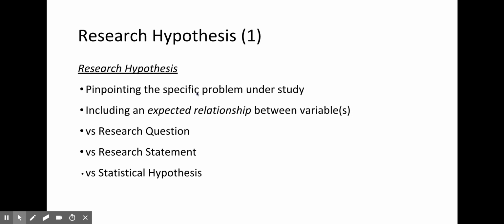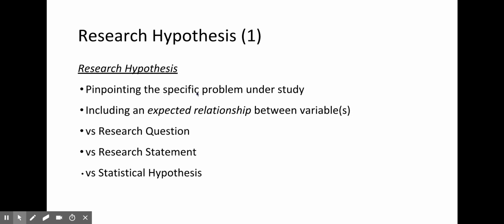You have to include that expected relationship. Or A is highly related to B, A is highly associated with B, you believe, right? Again, the expected relationship must be included to become a research hypothesis.